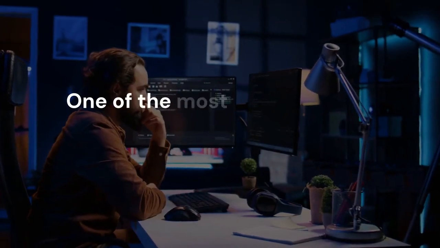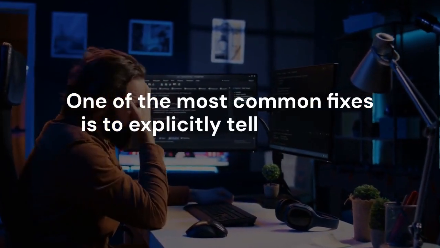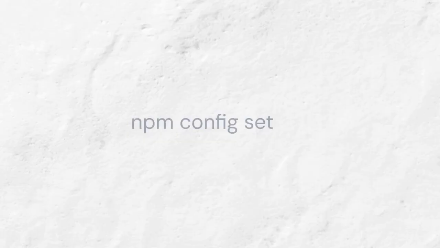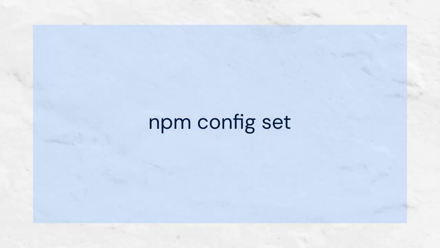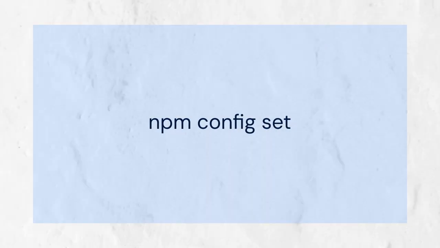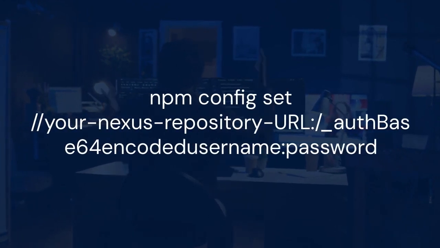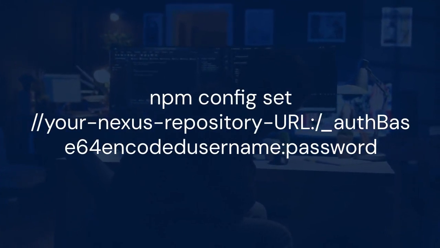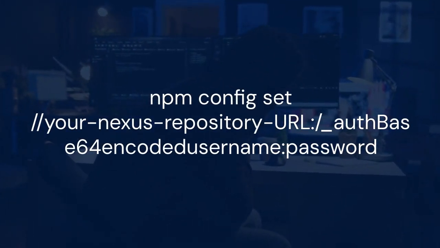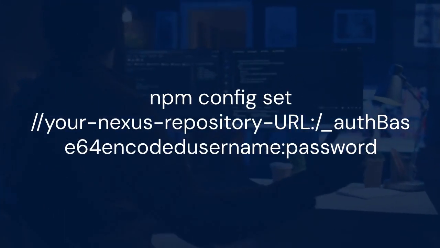Now, let's dive into the solutions. One of the most common fixes is to explicitly tell npm your credentials. You can do this by using the npm config set command. You'll need your username and password. The command will look something like this: npm config set //your-nexus-repository-url/:_auth base64-encoded username:password.